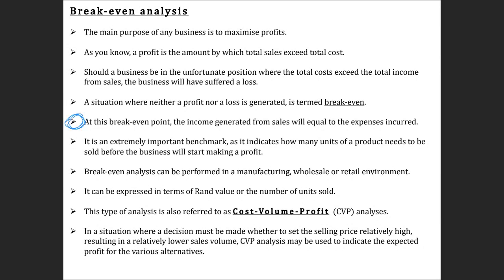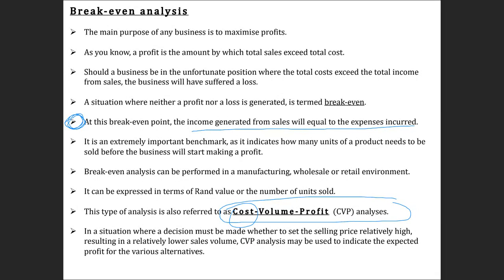So it says at the break-even point, the income generated from the sales will equal the expenses that are incurred. So income is equal to expenses at the break-even point, and this is used, as I said, overall. It's used in something called your cost volume profit analysis. What we're looking at in a cost volume profit analysis is all of the costs being incurred, literal to the words.